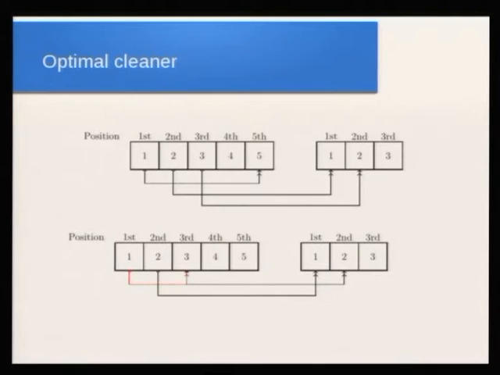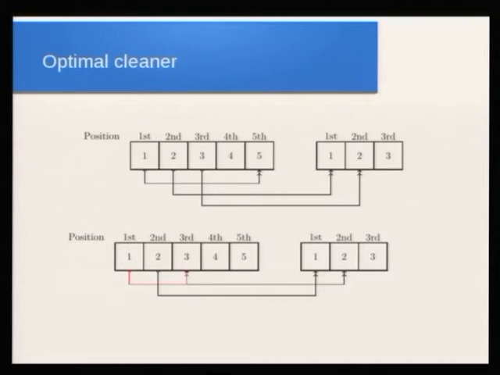So then you can ask, what is the optimal cleaner? What is the optimal way to choose pages to clean? What is the best possible choice? The best possible choice is the one which selects the page which has the farthest access in the future, because that will result in the highest amount of clean pages available for the shortest amount of time.